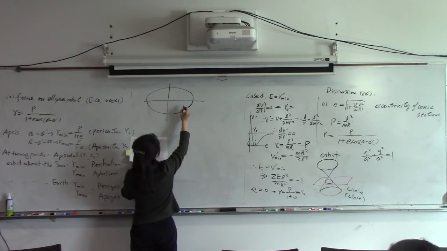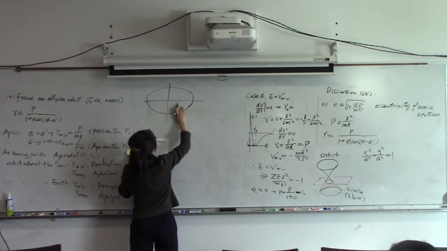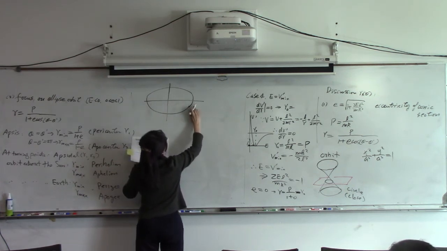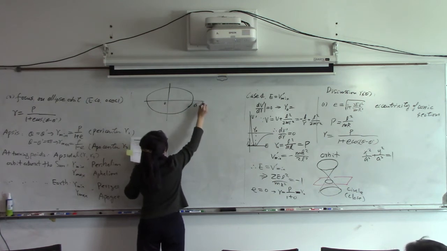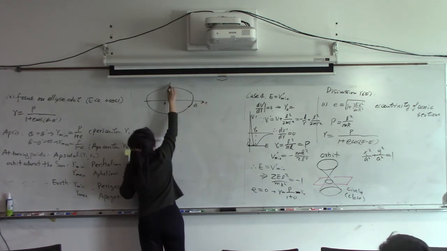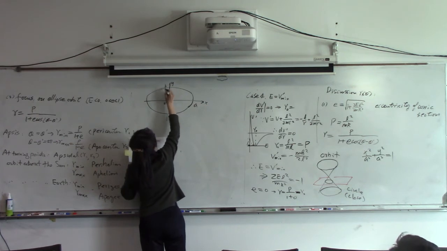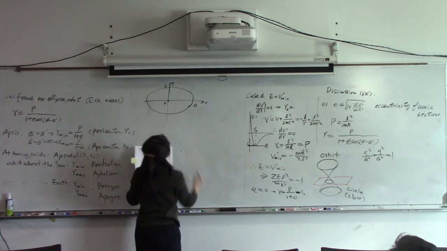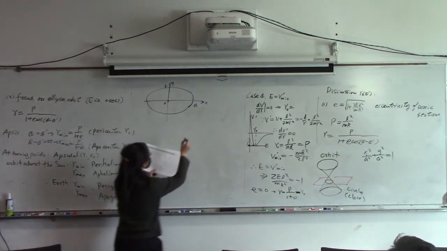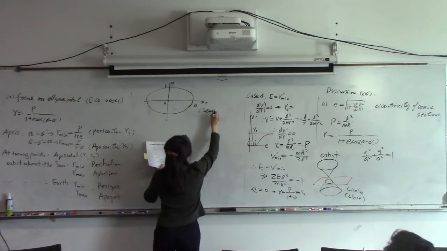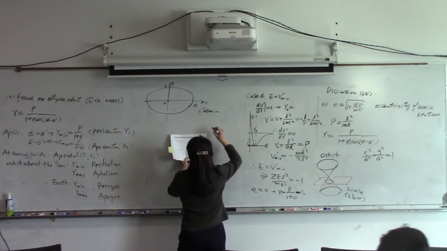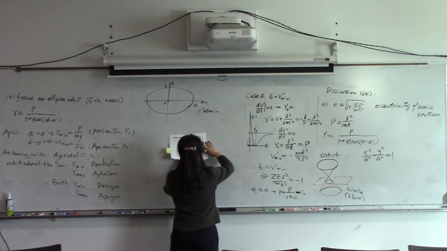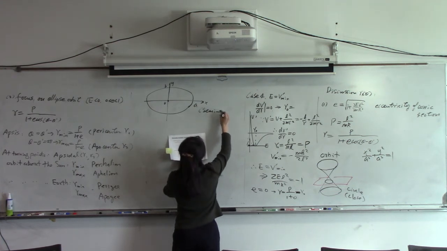This is A. You see the A here, from 0 on the X axis; this is Y and this is B, from 0 to this place B. So we introduce A as the semi-major axis.